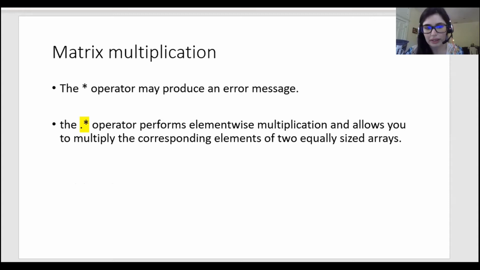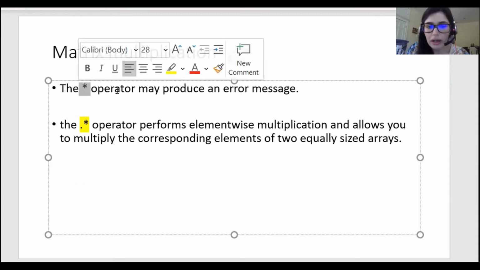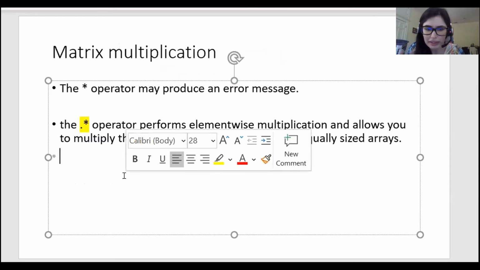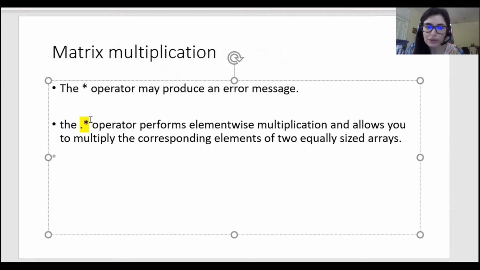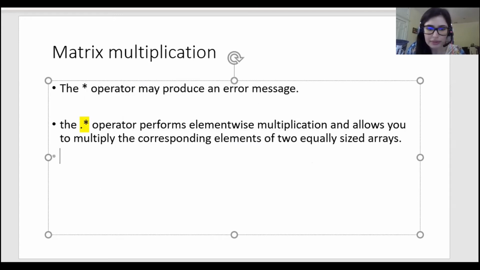If you want to do matrix multiplication, you have to keep in mind that if you just use the normal multiplication operator here, it will probably produce an error message, I think 90% of the time. So you have to put a dot before this multiplication operator, and that will allow you to multiply two matrices of the same size.